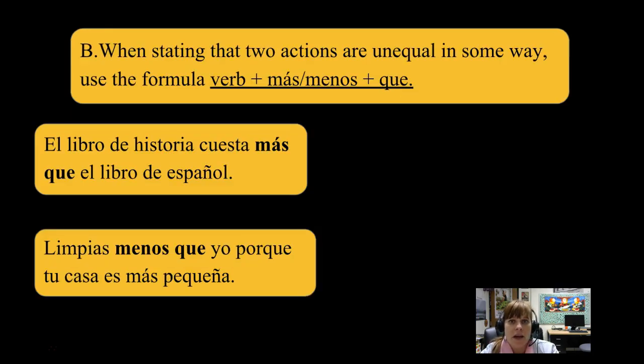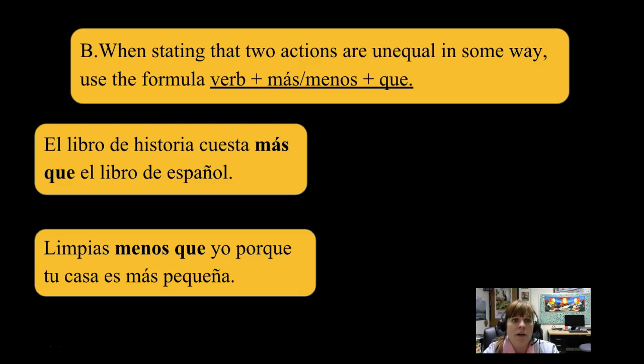When stating that two actions are unequal in some way, use the formula verb plus más/menos que. So in this context, right, you don't have the adjective in between más and que. You have a verb, then you use más or menos, more or less, and then you use que. So el libro de historia cuesta más que el libro de español.